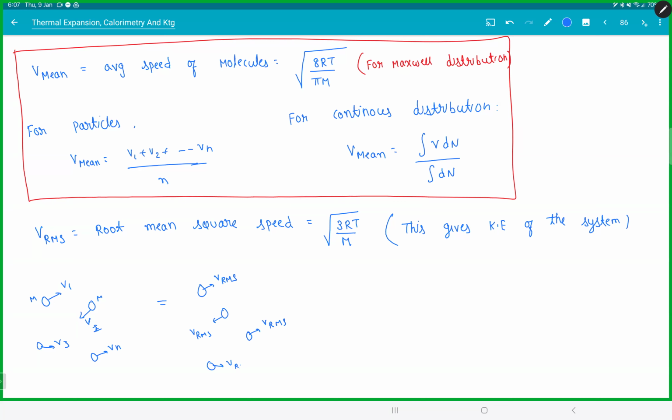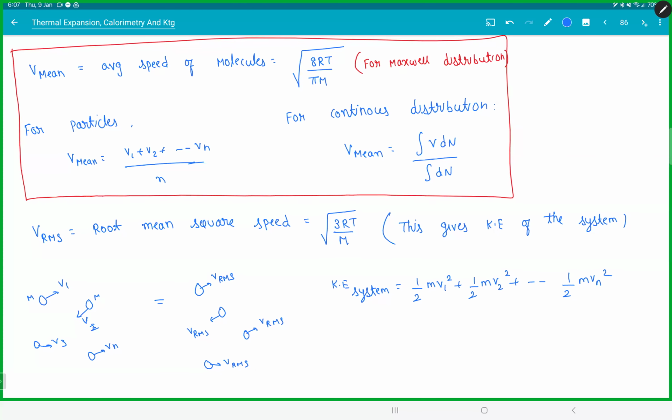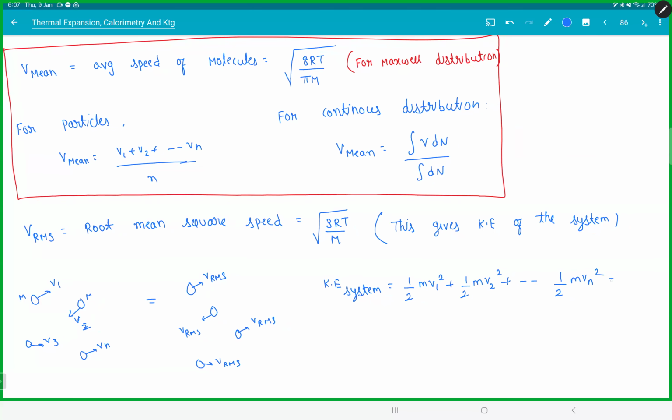I should get the same amount of energy. So the kinetic energy of the system is half m v1 square, half m v2 square, so on till half m vn square. So you want to replace this with one single term, which is half n m vrms square.